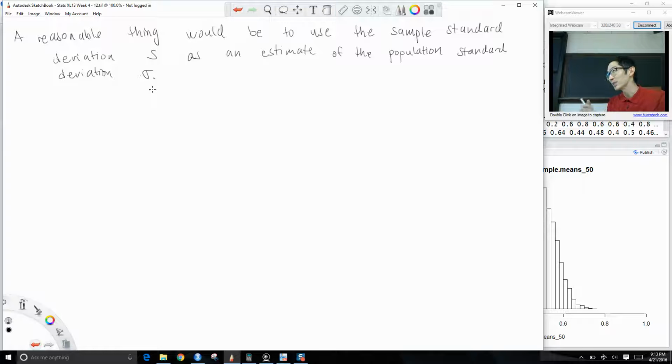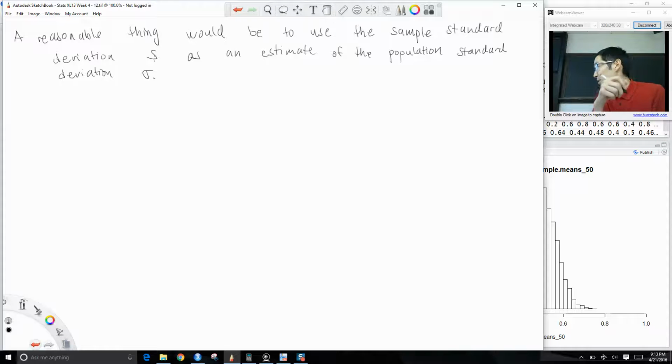But he didn't fully understand the math, and it's kind of beyond the scope of this course, but basically, after doing this impressive study of a bunch of manual calculations by hand, he realized, oh, I need to include this compensation factor for using S instead of sigma, okay?